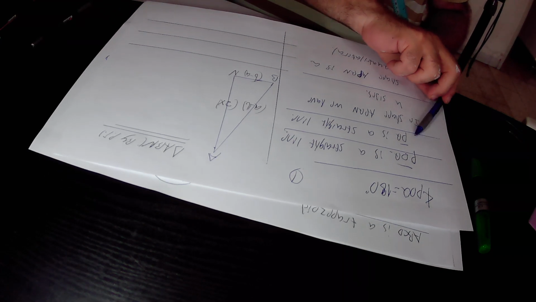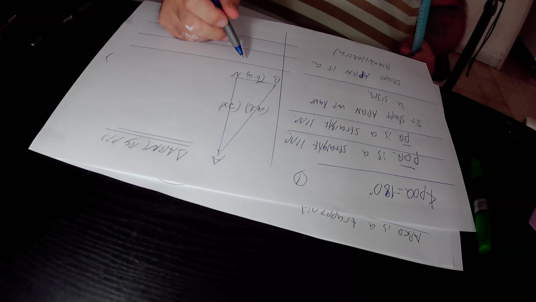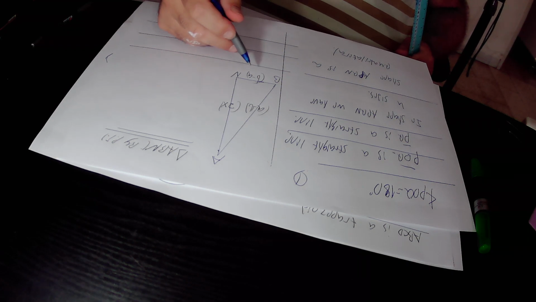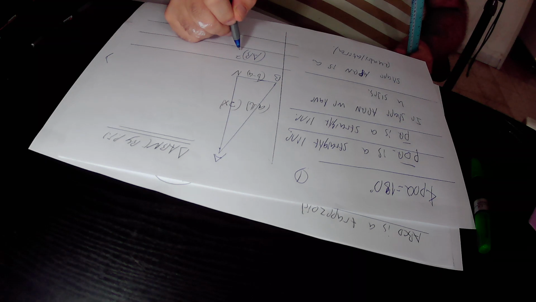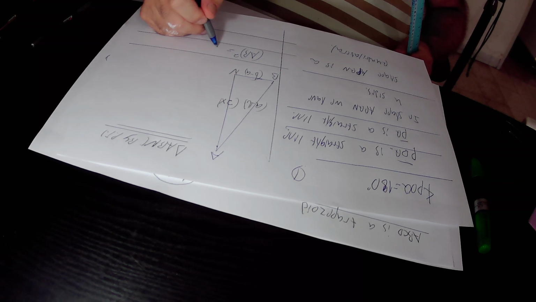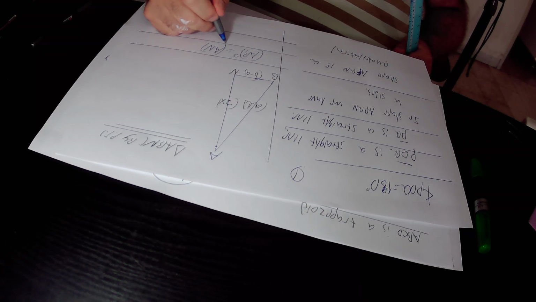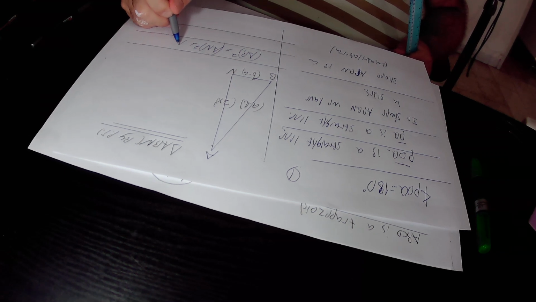AB squared, that is the square of the hypotenuse, is equal to AN squared plus BN squared.